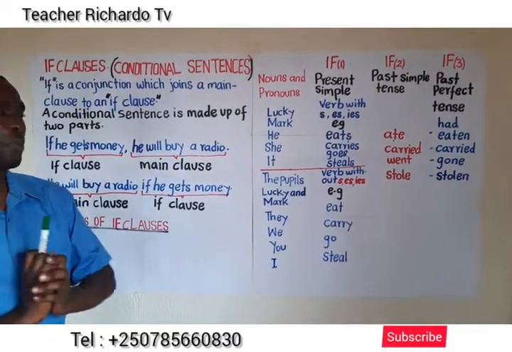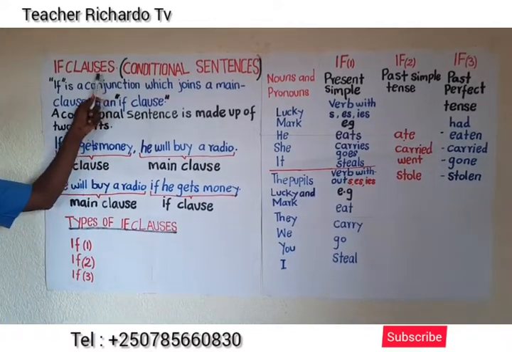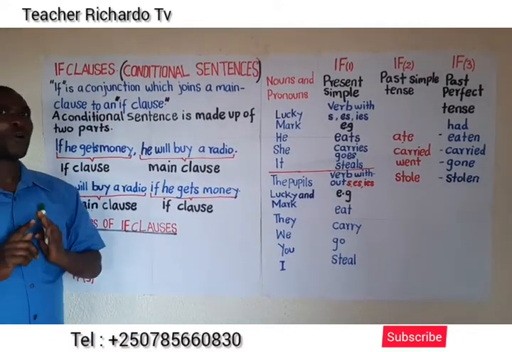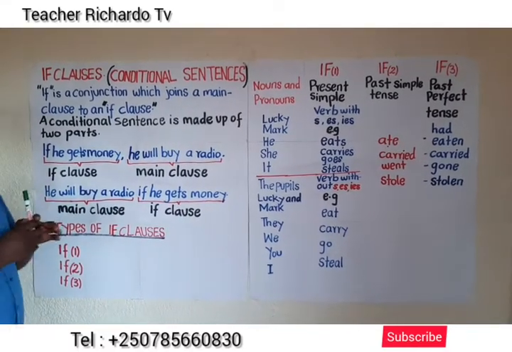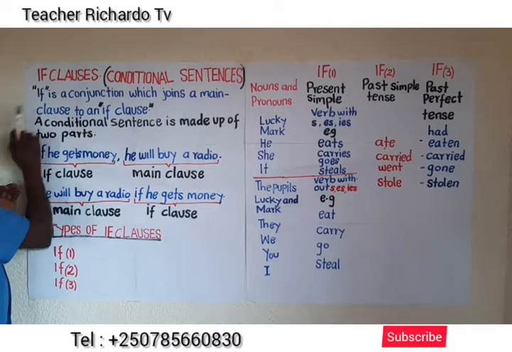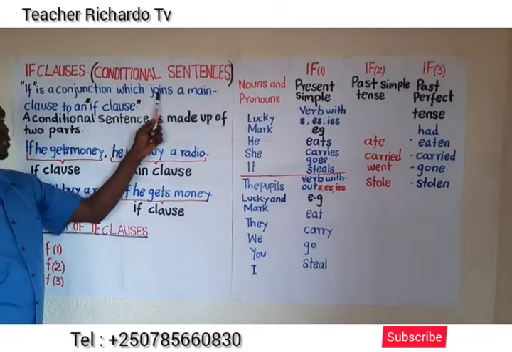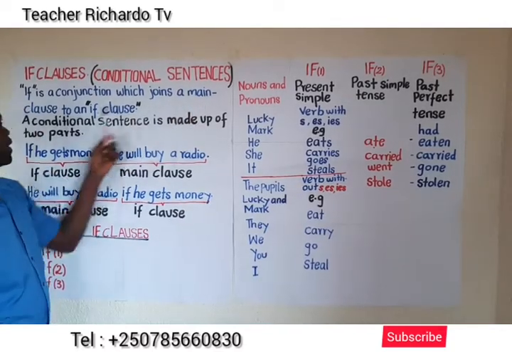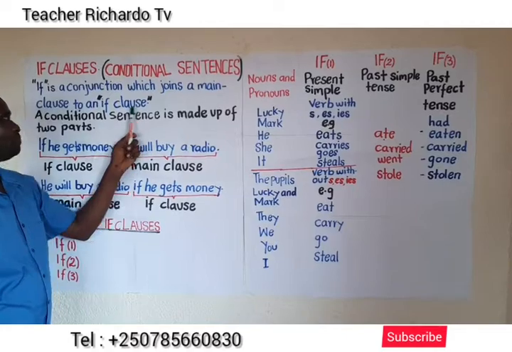So today's topic is about if clauses. If clauses are also called conditional sentences. Let's look at if. If is a conjunction which joins a main clause to an if clause.